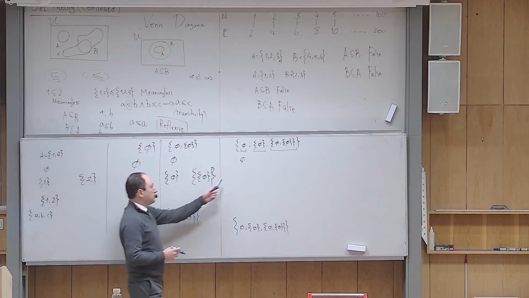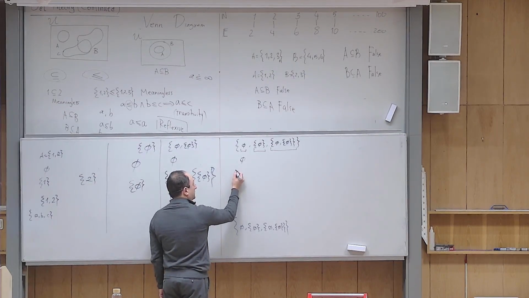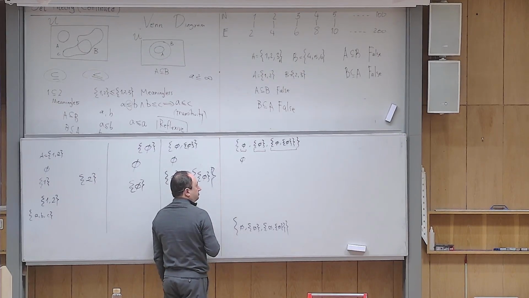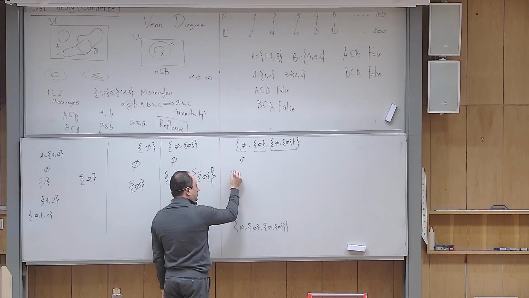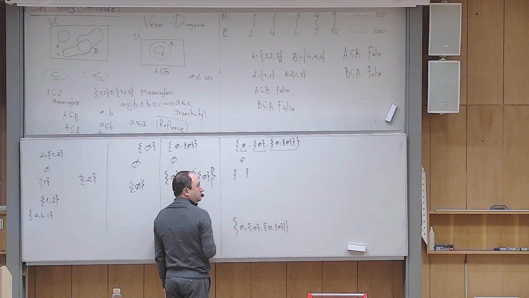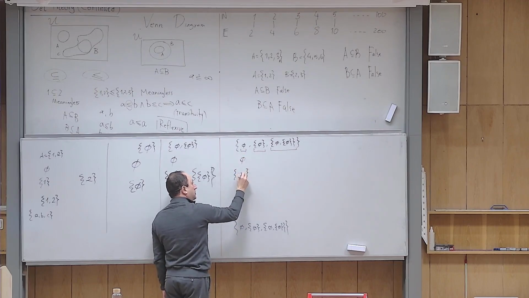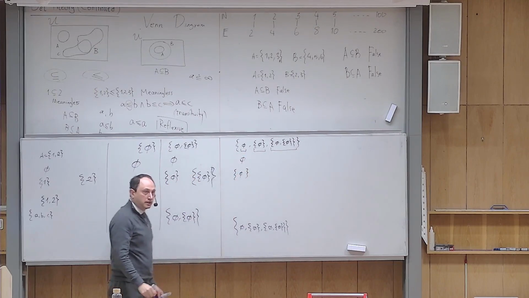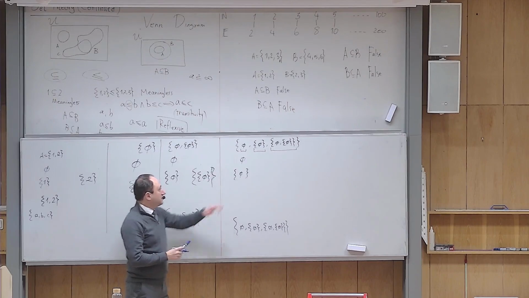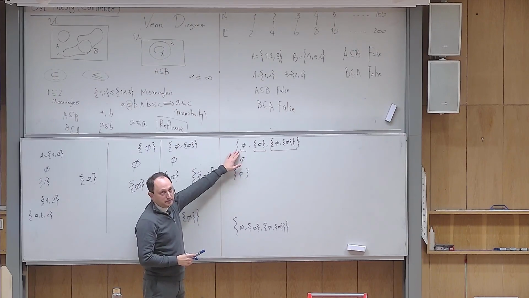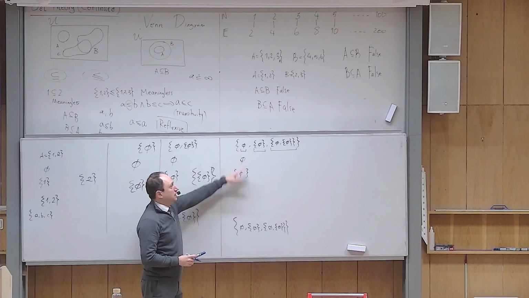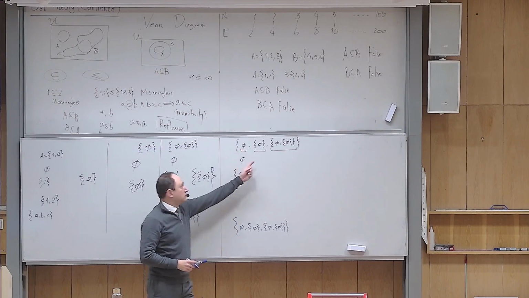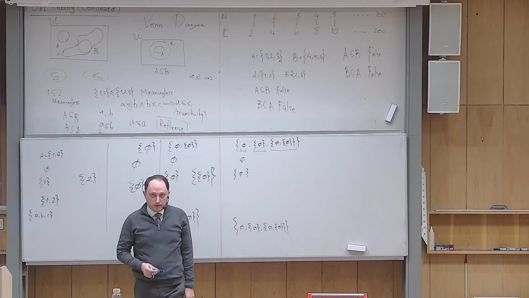So can you tell me what do I write first? Yes, you just open curly brackets and then put this element here. This is a subset of this set. Of course, this is also an element of that set because of the second one. That's a coincidence.